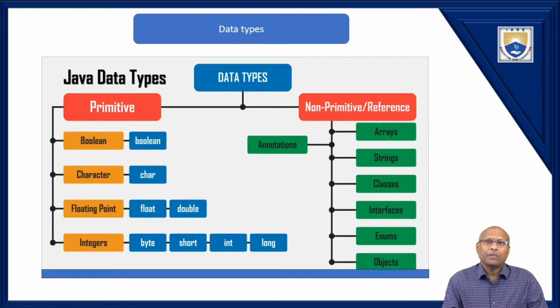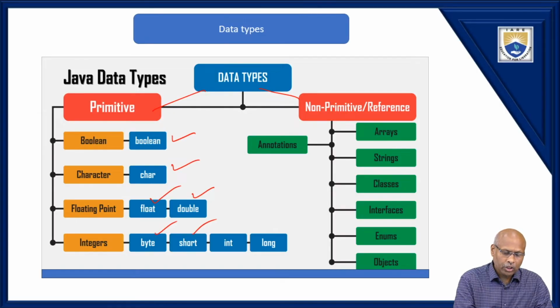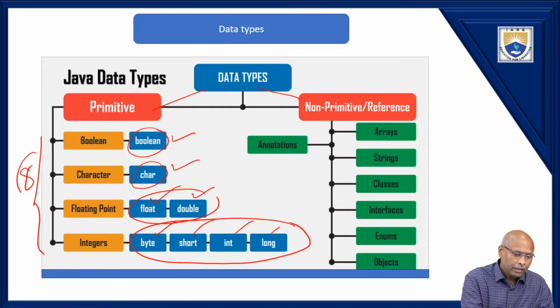And there is also one more categories. Data types. One is primitive type, second one is non-primitive. Under primitive, boolean, character, float, double, byte, short, int, long. So under integer 4, please remember, under floating point 2, under character 1, under boolean 1, totally how many? Totally 8.